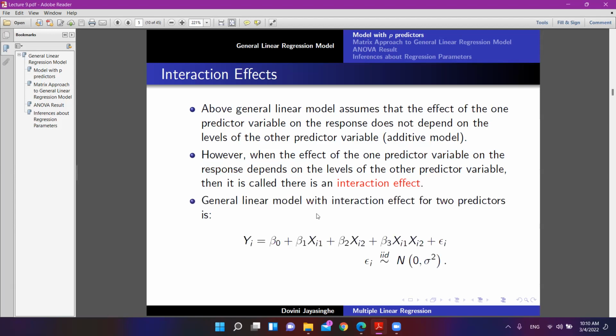So the general linear model with interaction effect for two predictors is this one. This is no longer an additive model. You have some multiplying terms as well. So if x1 and x2 have some interaction effect, what does that mean? You have to incorporate another beta coefficient and have this interaction effect.